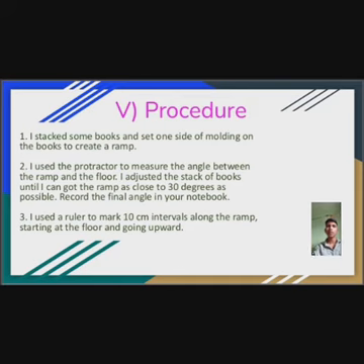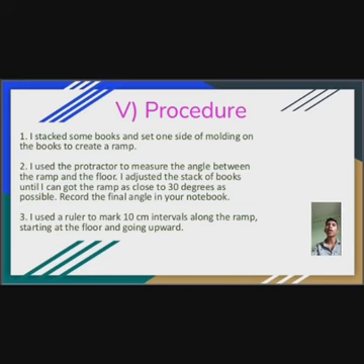Procedure. First, I stack some books and set a wooden plank on the books to create a ramp. Second, I use the protractor to measure the angle between the ramp and the floor. I adjust the stack of books until I get a ramp as close to 30 degrees as possible.